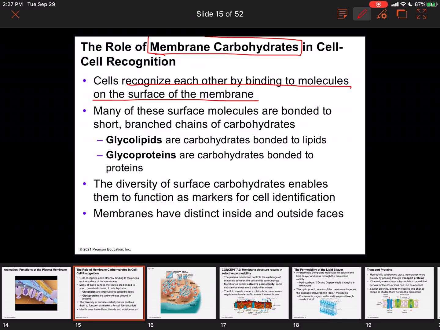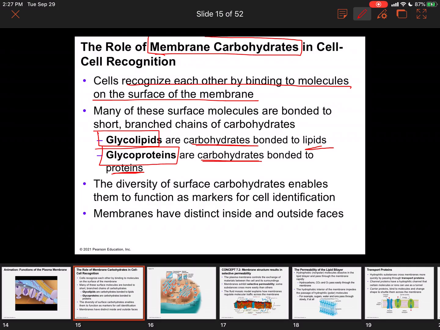So we're going to have two main types: glycolipids and glycoproteins. Glyco kind of sounds like glucose, which tells us they are carbohydrates. Glycolipids are carbohydrates that are bound to lipids, and glycoproteins are carbohydrates that are bound to proteins.